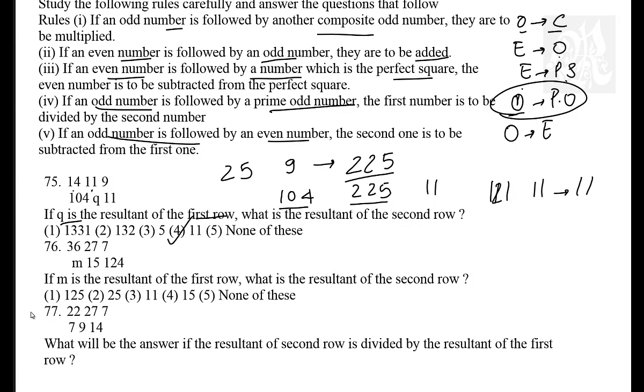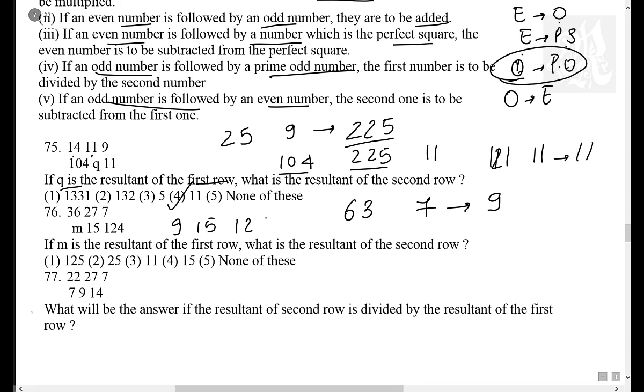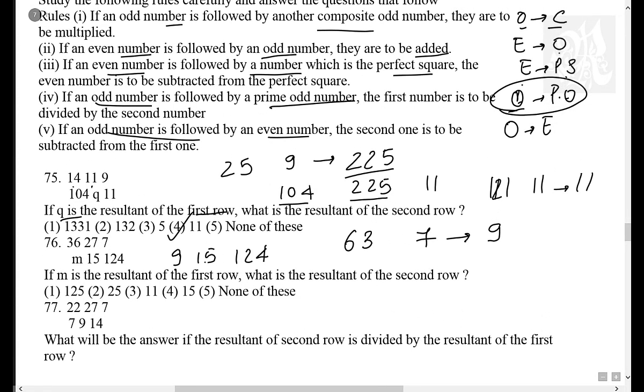Let's dig in again. Next question. 3, 6, 2, 7. What is 3, 6? Even followed by odd. What do you do? What do you get? 63. 63, 7 is odd followed by prime odd? Divide. 9. 9, 15, 124. Odd, odd. Odd followed by composite.